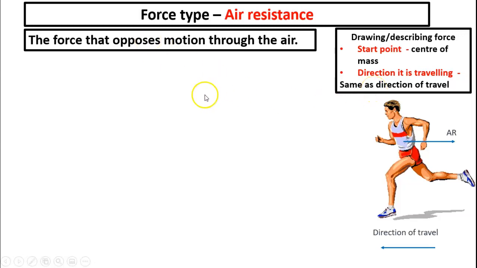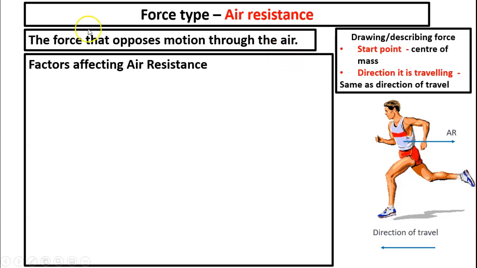Okay, so that's our section there. Now again, you might be a cyclist, you might be a sprinter, in which case you would definitely have experienced air resistance. So what we need now is an understanding of the factors that affect air resistance. If we are in an activity such as cycling where we want to try and reduce it, there might be certain things we can do.